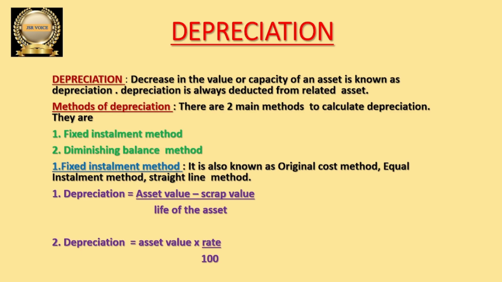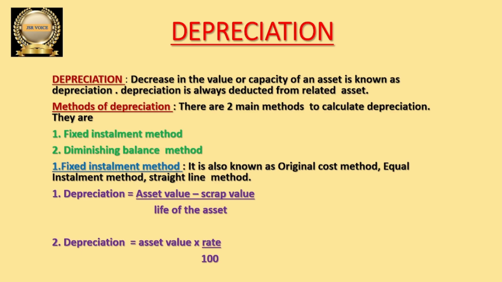First one is the fixed installment method. This fixed installment method is also known as original cost method, equal installment method, straight line method. And here, if the business follows this fixed installment method, depreciation is the same if the machine is used for 1 year.